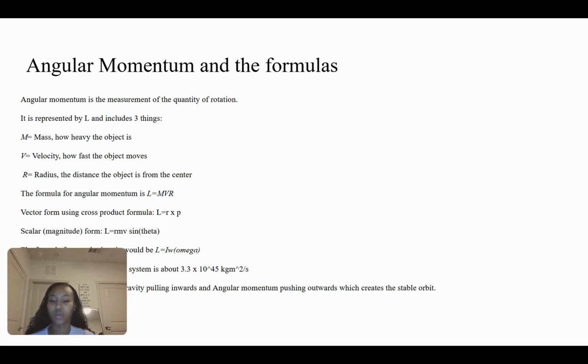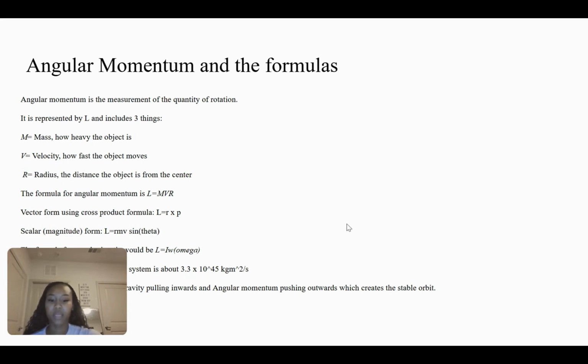And the complete total for the planetary system would be 3.3 times 10 to the 45th kilograms meters squared per second.